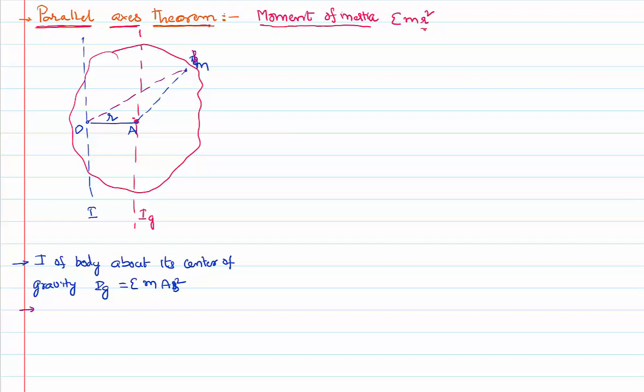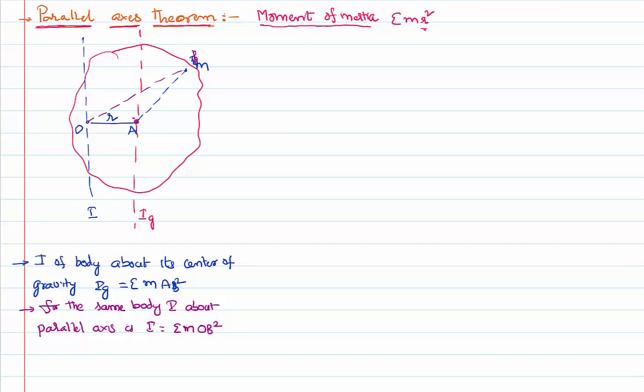So for the same body, the moment of inertia about the parallel axis is I equal to sigma m into OB square, this distance.